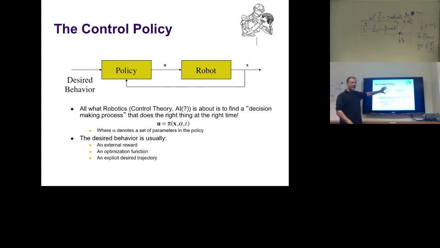If you know for every behavior you care about, and I mentioned that I think also in the intro lecture, if you know a control policy for playing tennis, for chopping vegetables, for walking, for scratching, for dancing, or whatever, then you can basically use this thing. It will basically, based on the desired behavior, which might be dancing, create that command u based on this feedback of the state in which the robot is, and outputs the right motor command. You will be doing the right thing, and everything will be perfect. So not a particular big deal.